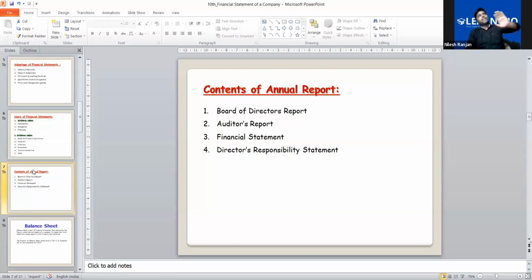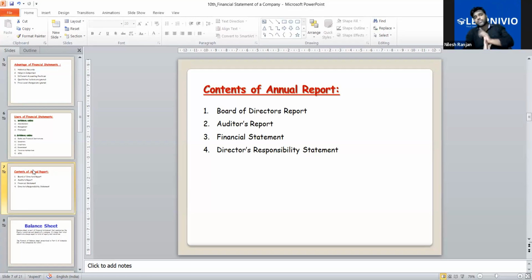So you have to remember, they have to operate the business, they have to prepare the financial statement, and manage any cash problem in the business, fund flow statements, all the things they have to prepare. So these are the responsibilities. There are certain other responsibilities also. All responsibilities will be included in this director's responsibility statement. They have to acknowledge that these are our responsibilities and we have performed our responsibilities in a good way. So, director's responsibility statement.